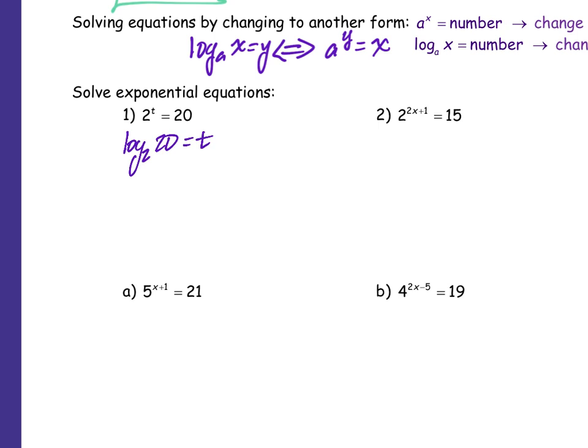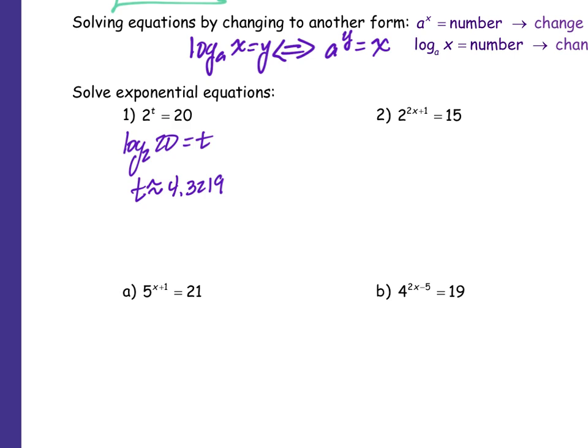So log base 2 of 20. So t is approximately going to be equal to 4.3219. And that's it. Don't have to do anything else to that one.